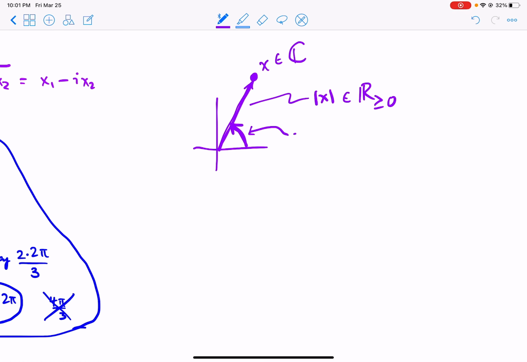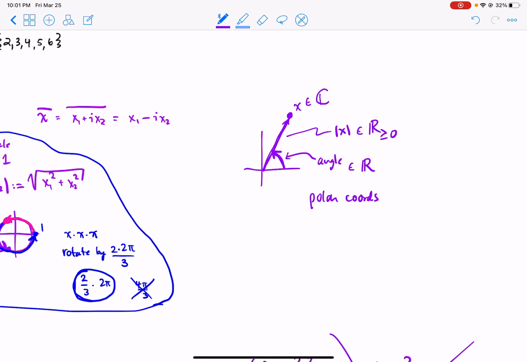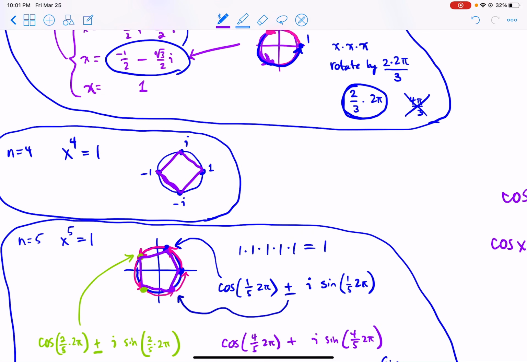And this is an angle, which is also a real number, sort of like polar coordinates. And so if you think in polar coordinates, these formulas make a lot more sense.